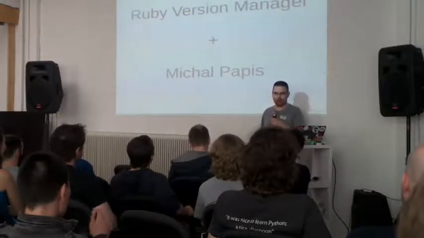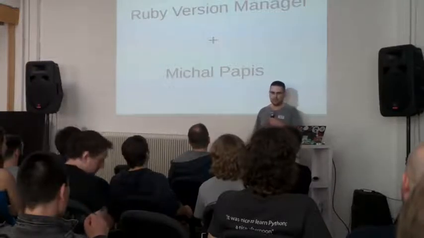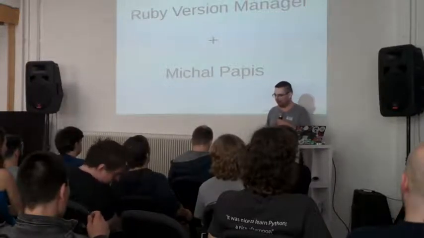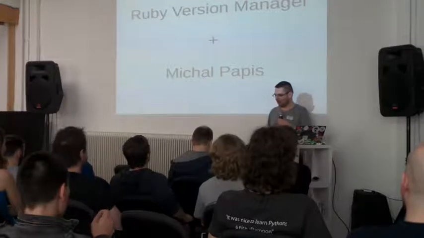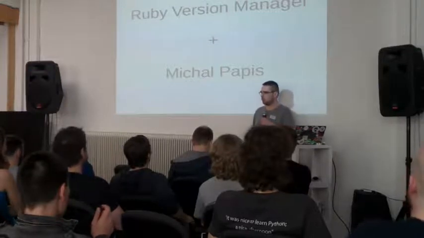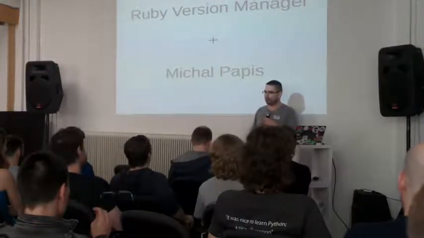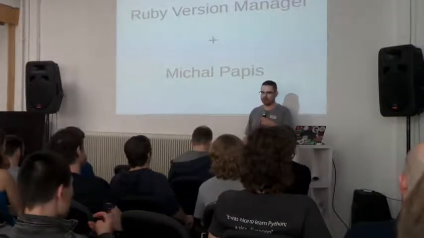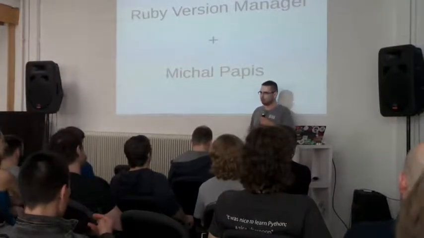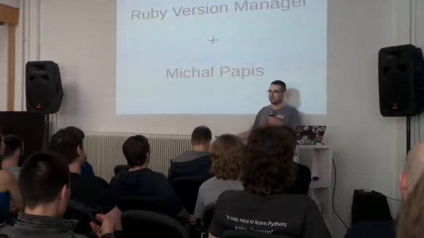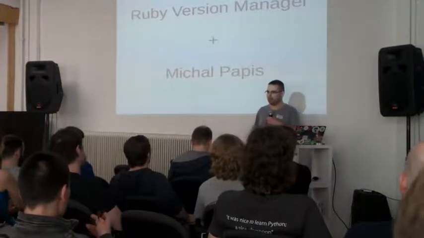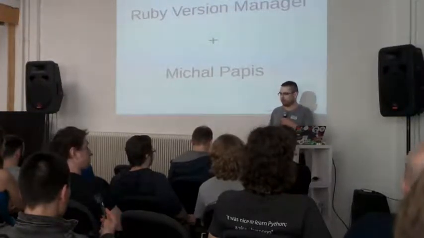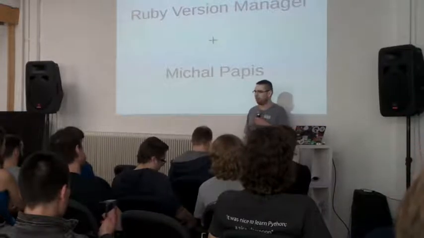Next. So how did I end up in RVM? Four or five years ago, I started working with Ruby, and it was really hard to install Ruby, and I found RVM. I was really happy, and from the very beginning, I was installing Ruby on servers via RVM.